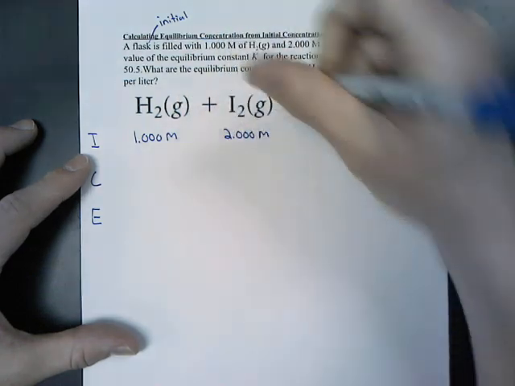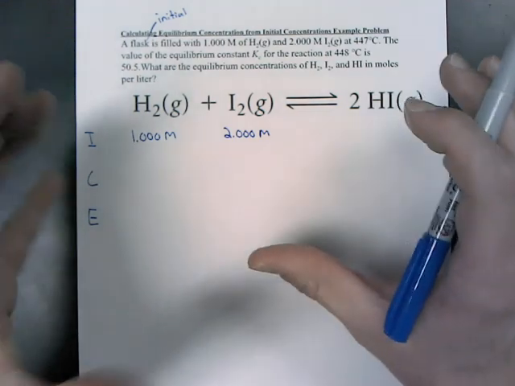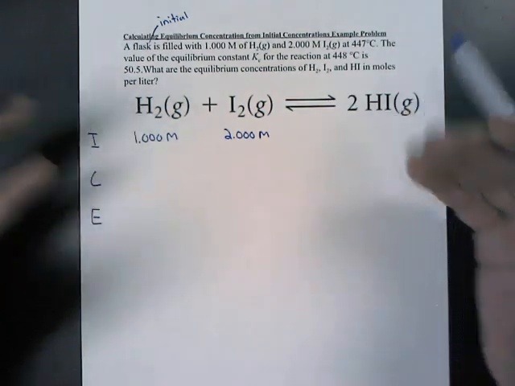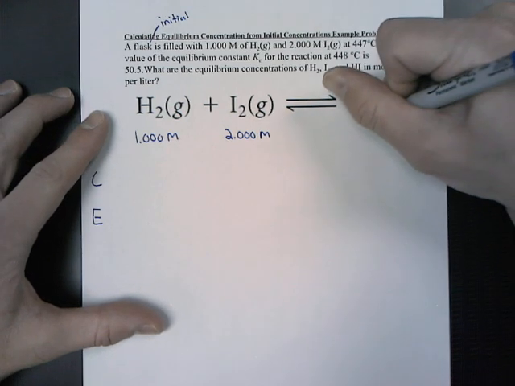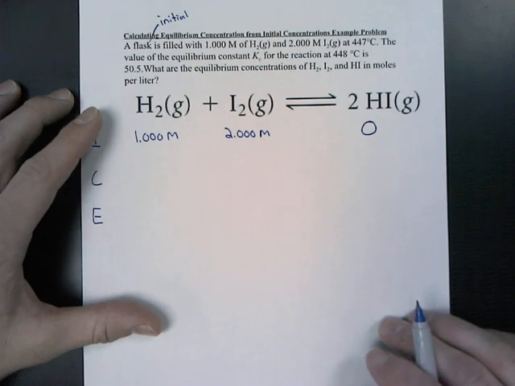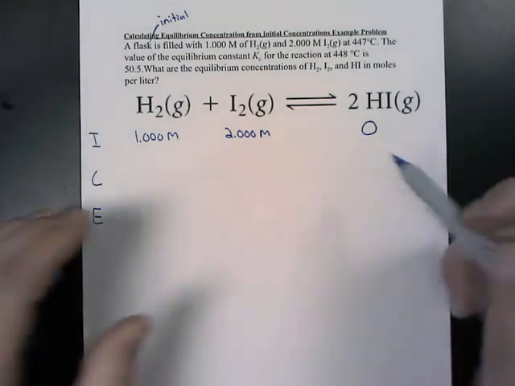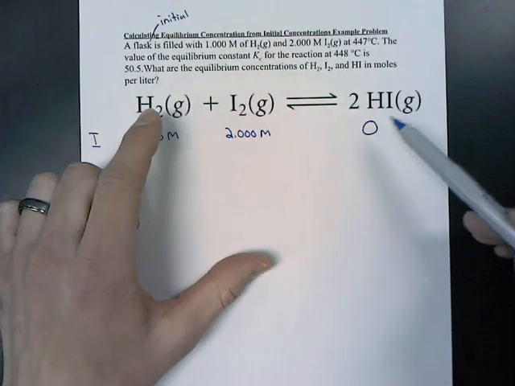Those are the things put into the flask, or right before they're put into the flask together. With our HI, we have nothing. We don't have any starting material because the reactants on the left have not yet reacted to produce this.